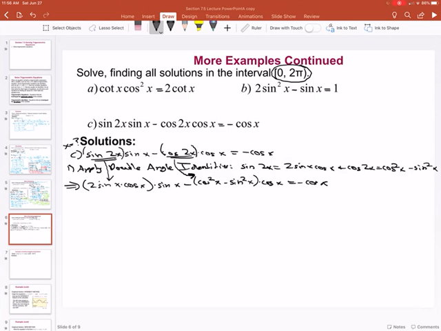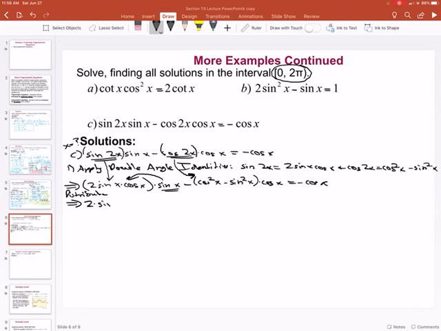Now, what are we going to do in the next step? We want to distribute through here. Distributive property, so let's clear out the parentheses. As we multiply, we have sine x times 2 sine x cosine x. We take that sine x and multiply it through.